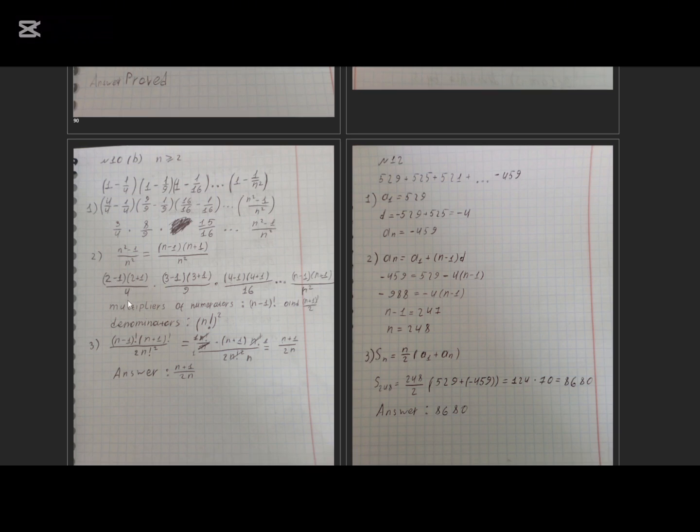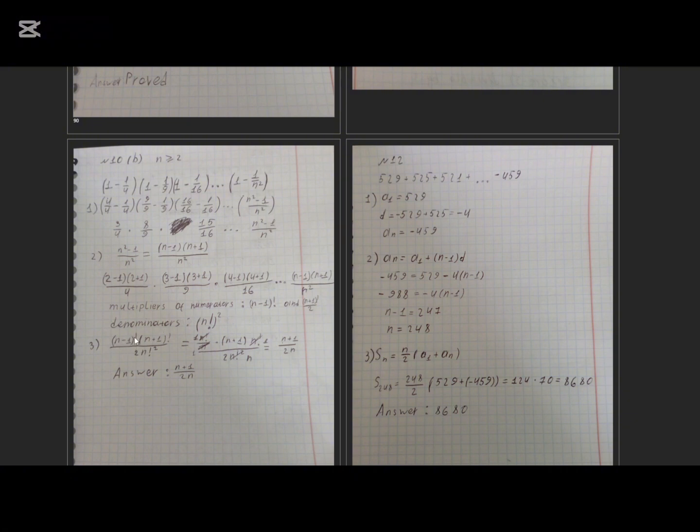So the multipliers of the numerators: all numerator is n minus 1 factorial, and the second numerator multiplier is n plus 1 factorial divided by 2. So all denominators can be represented by n factorial squared. So we make the final formula.